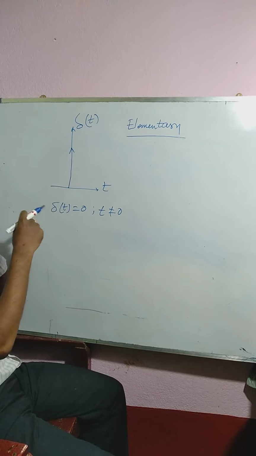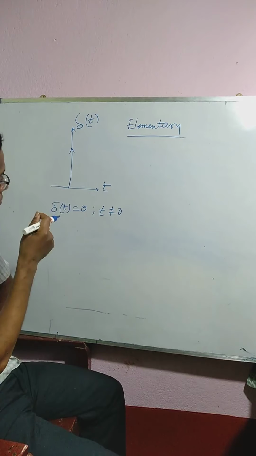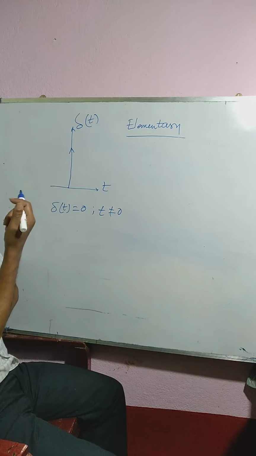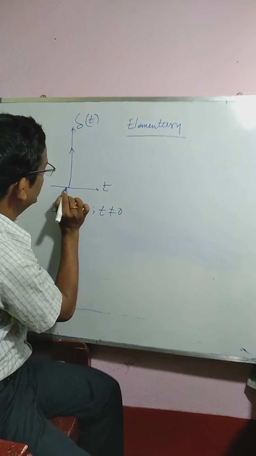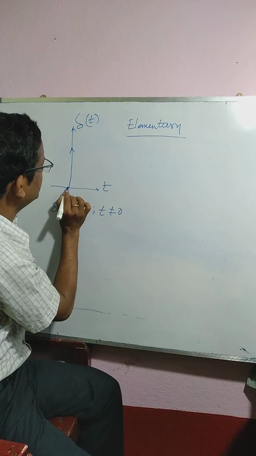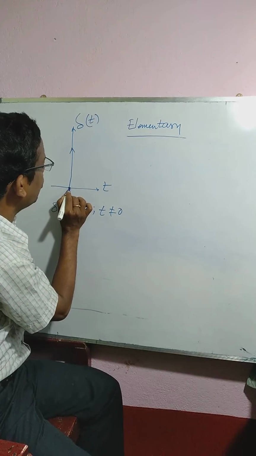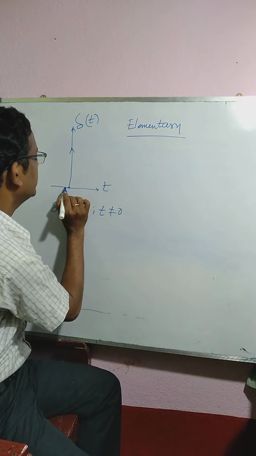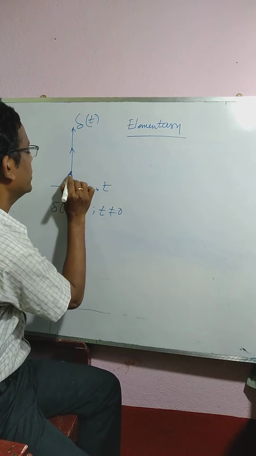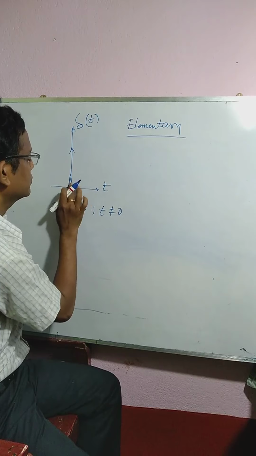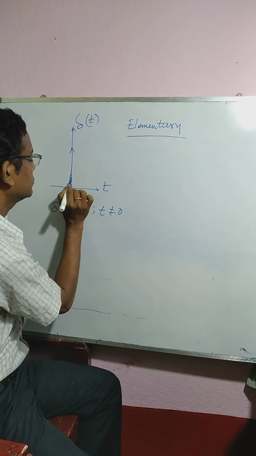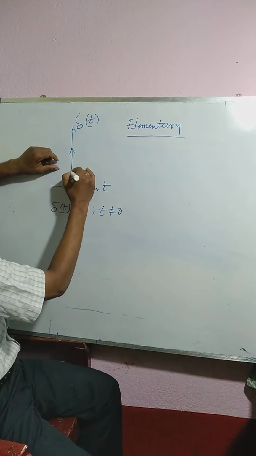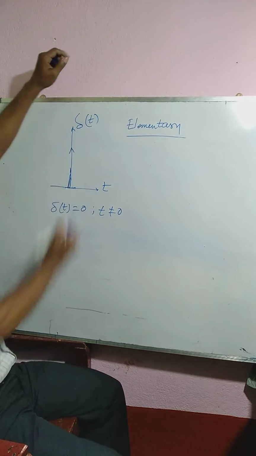And it is in such a way that the area under the curve is 1. That means we consider an infinitesimally small area around t equals 0, and it is drawn in this way, a very small area; the area under this curve will be 1.